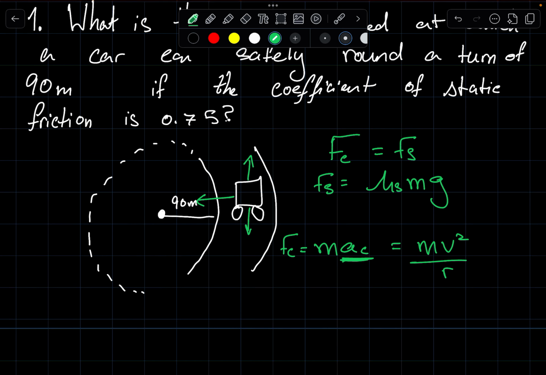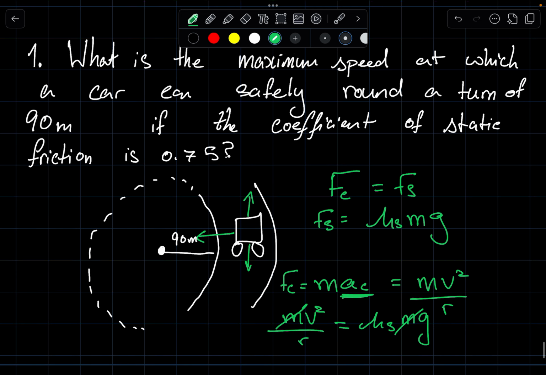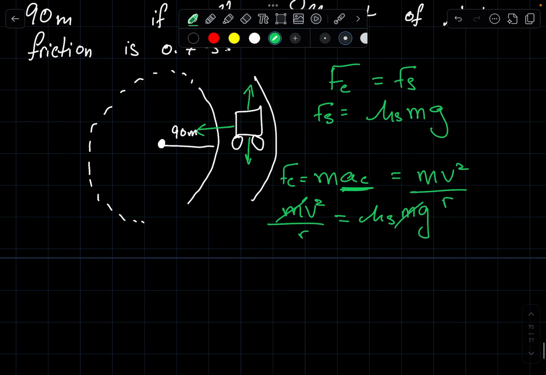So let's set centripetal acceleration times mass equal to the force of friction. These masses cancel out, and we're looking for the maximum speed.